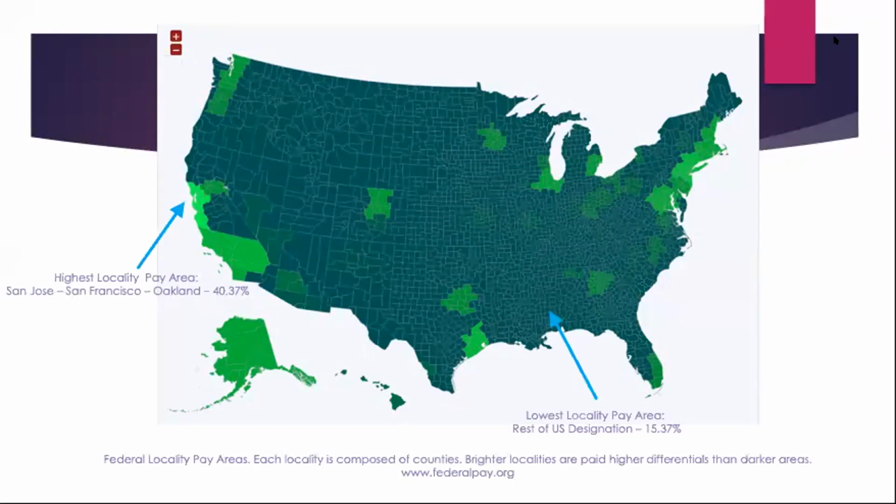The average 2-bedroom house is going to cost about $900,000 on Oahu. So at the lowest pay and the highest cost of living, they give us a little bit of a COLA to try to offset that, but we're still under DC.